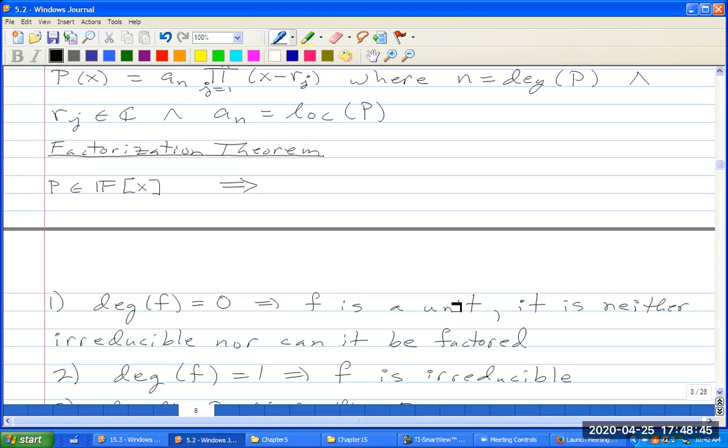The number 24 cannot be factored as a polynomial. You can't write it as the product of two polynomials of degree less than the degree of the original polynomial. So it can't be factored, but we say it's also not irreducible because it's a number. It's not a polynomial.